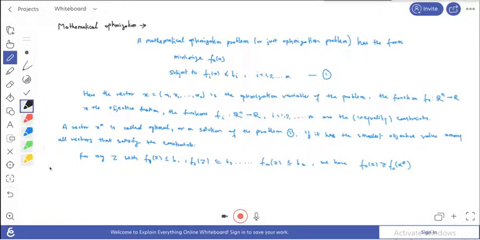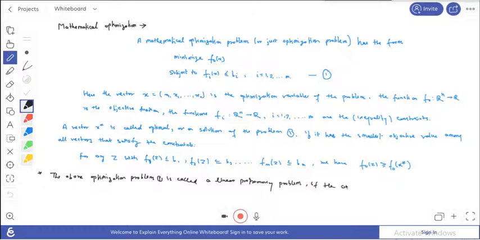So here you can say that every optimization problem, that is equation number 1, is called a linear programming problem if the objective function and constraints f1, f2 to fm are all linear functions.